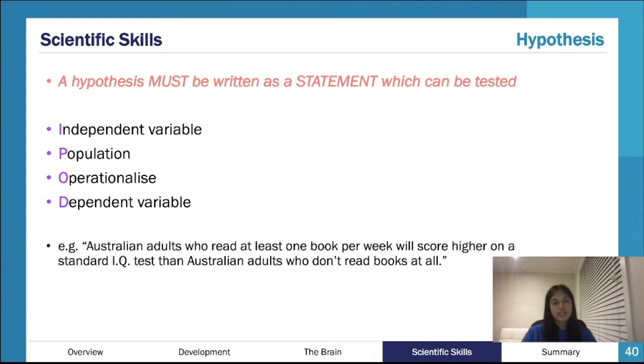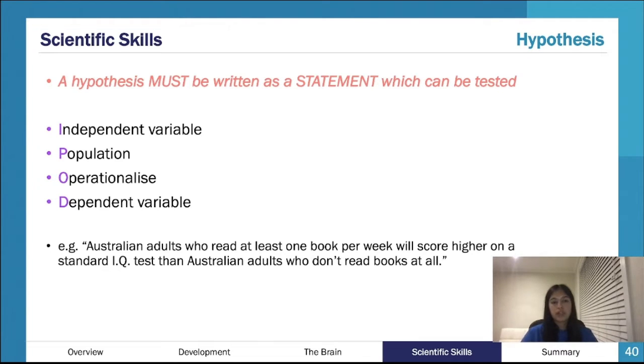So in your hypothesis, you need to refer to the population. You can imagine, are you doing it in kids? Are you doing it in adults? Are you doing it in people who have an IQ of 200? Are you doing it in people that have Alzheimer's, dementia?